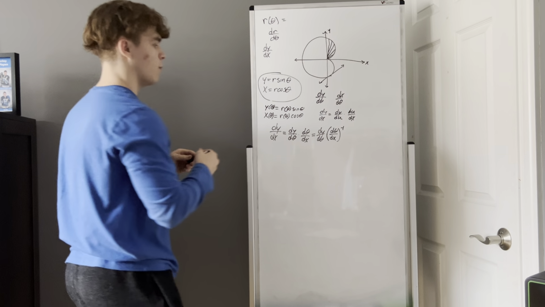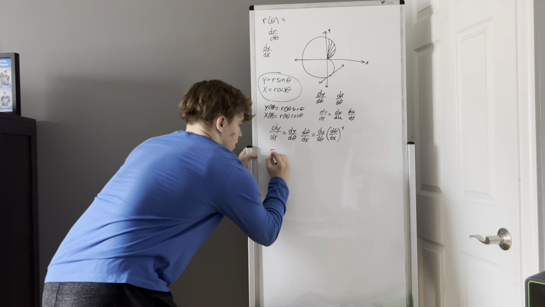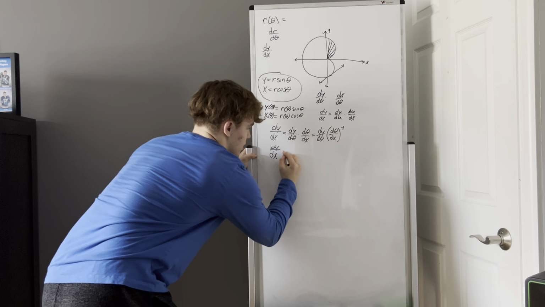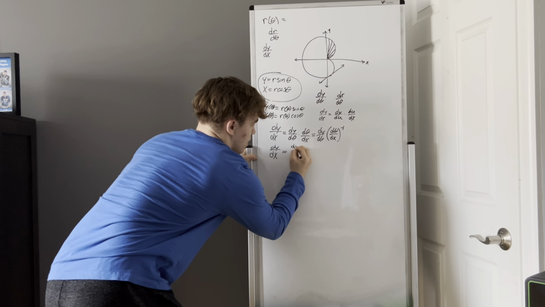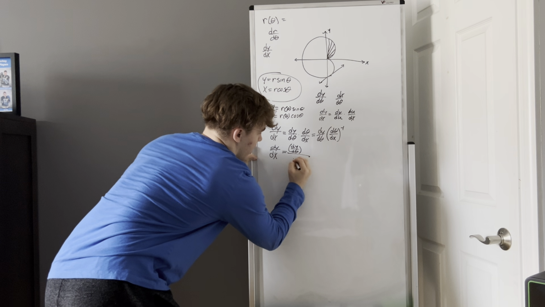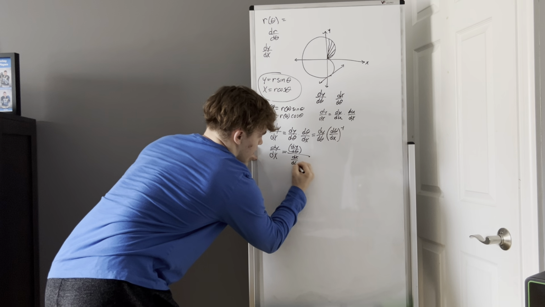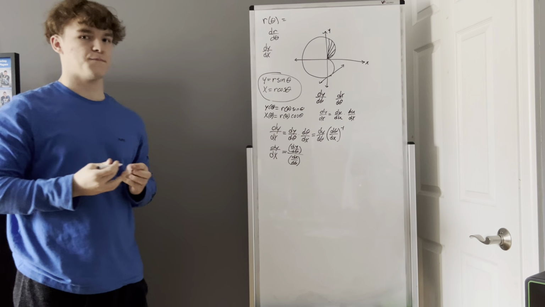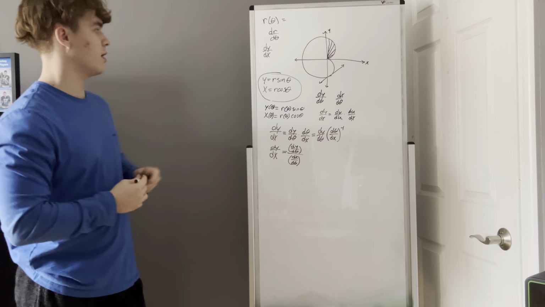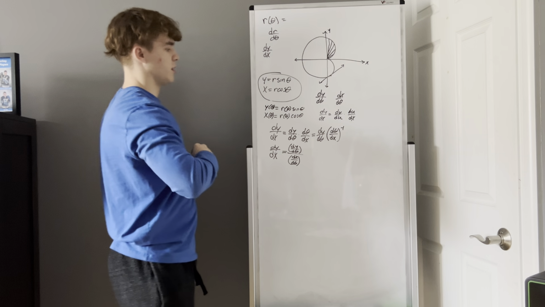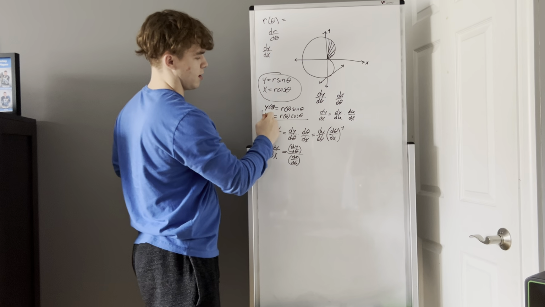And so what we can actually say now is that dy over dx is equal to dy over d theta divided by dx over d theta, where our y's and x's of theta are these equations right here.